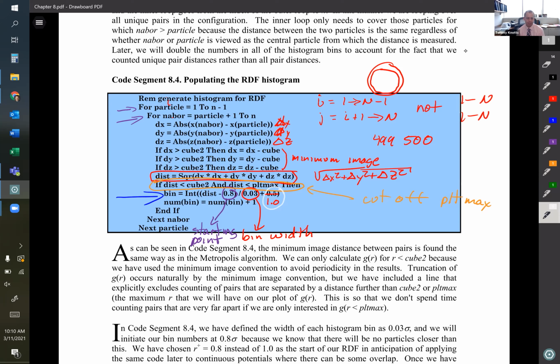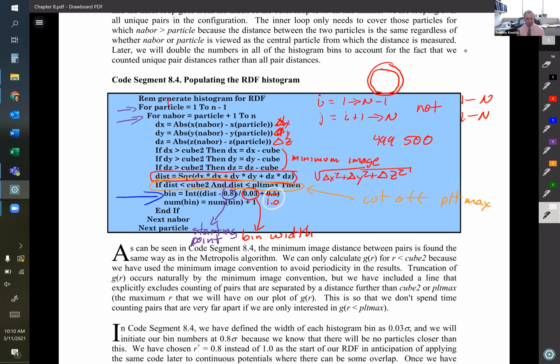The round function is usually what you use in Excel to get it to round. Int, I'm pretty sure, just cuts off the decimal. And I know in C or Python or whatever your other favorite language is, when you do int, it just cuts off the decimals. All right, thanks.